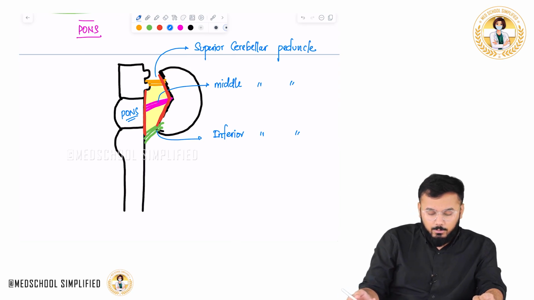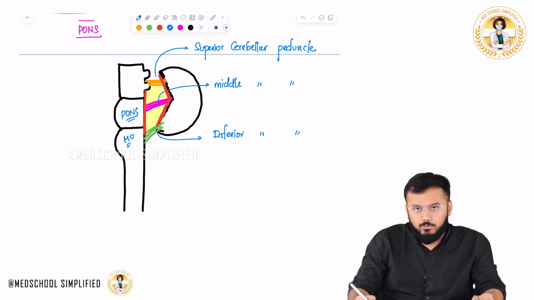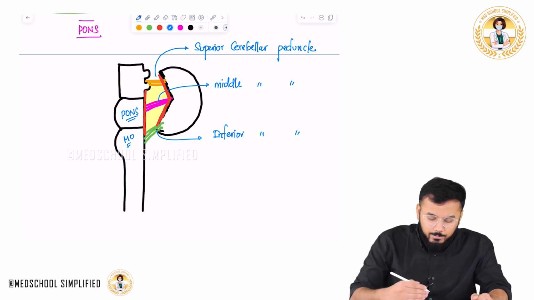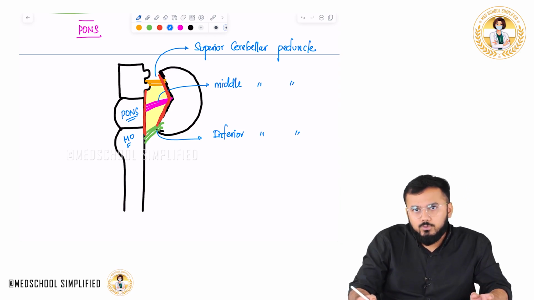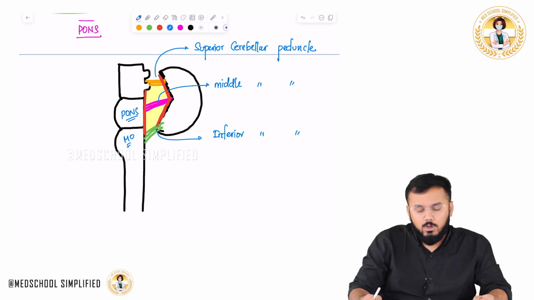Not only the pons, even your medulla oblongata is also forming a part of the floor of the fourth ventricle. The upper part of the floor is formed by the pons. The lower part of the floor is formed by the medulla oblongata.